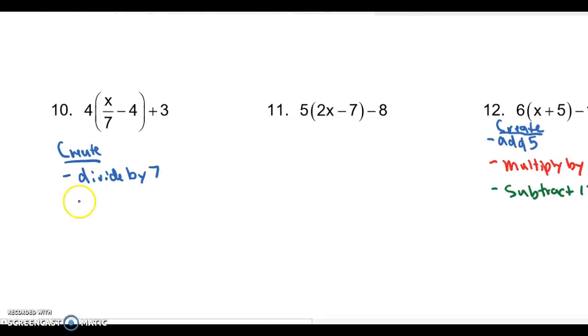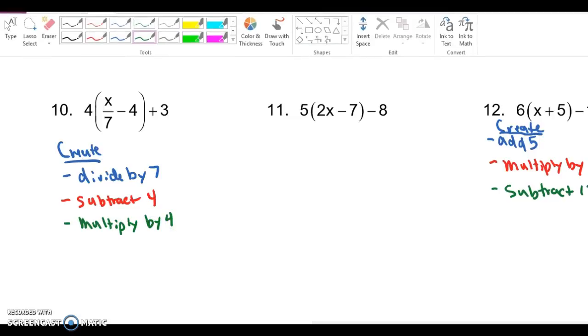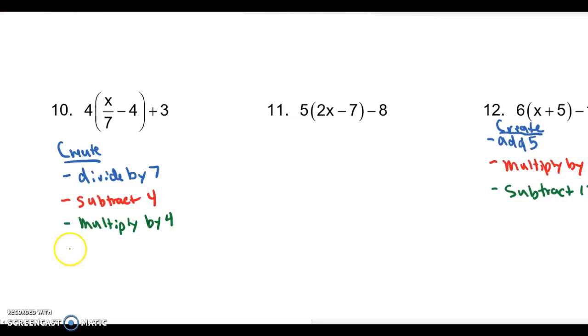Next step would be to subtract 4. And then we multiply by 4. So again, once we've done these two steps, the parentheses are done. Multiply by 4. And the last step would be to add 3. All right, again, that's how we create it.